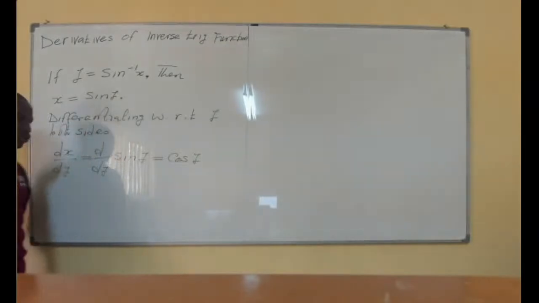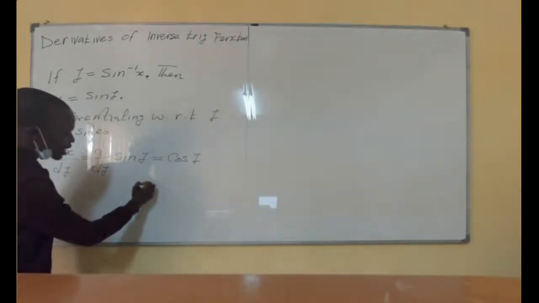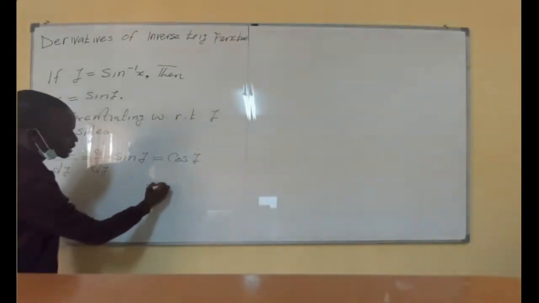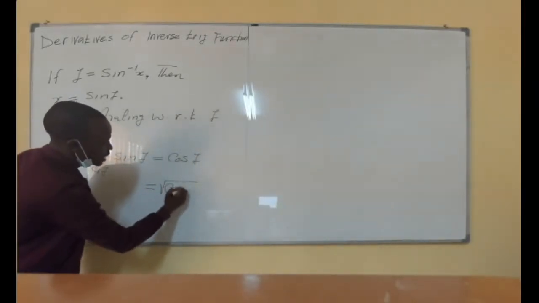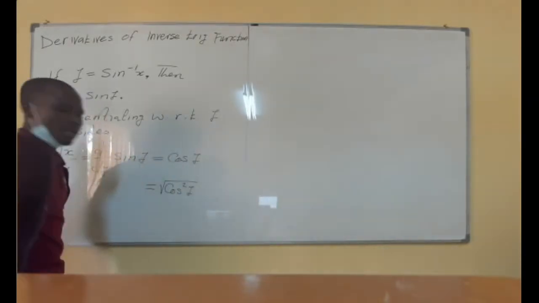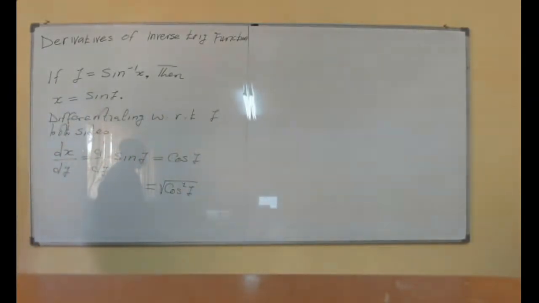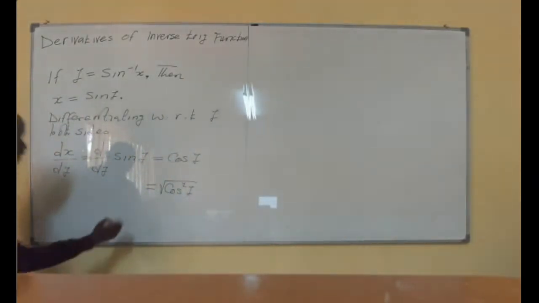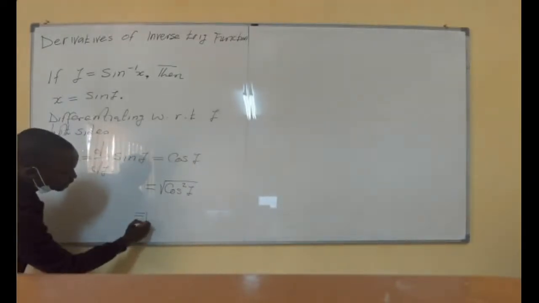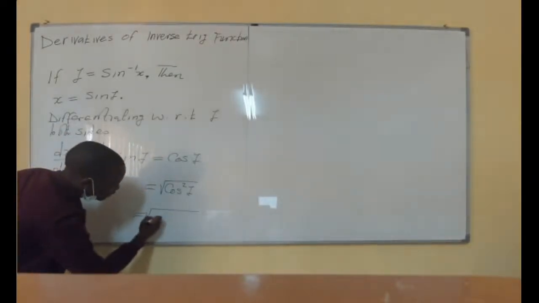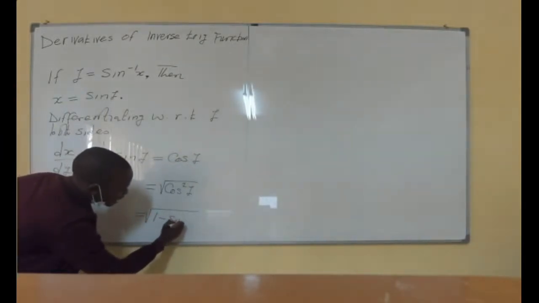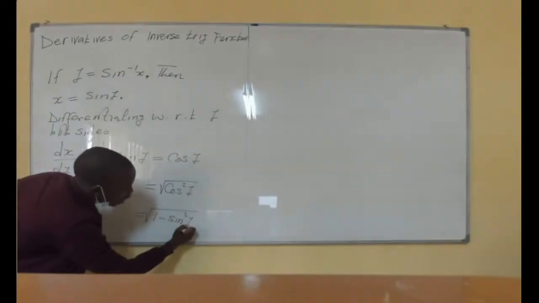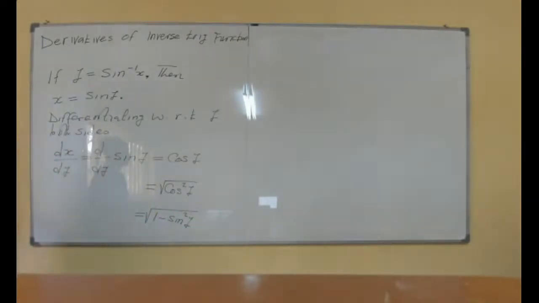Now, this cosine of y we can also write as the square root of the cosine squared of y. When we use trigonometric identities, this is equal to the square root of 1 minus the sine squared of y.